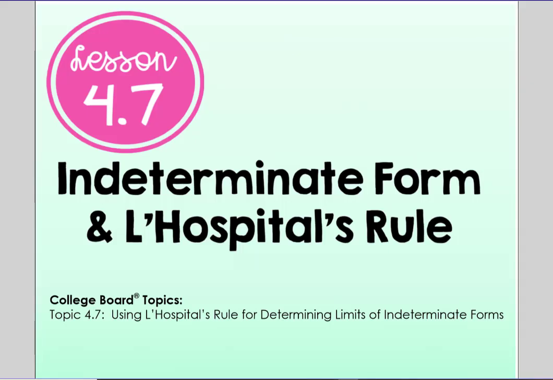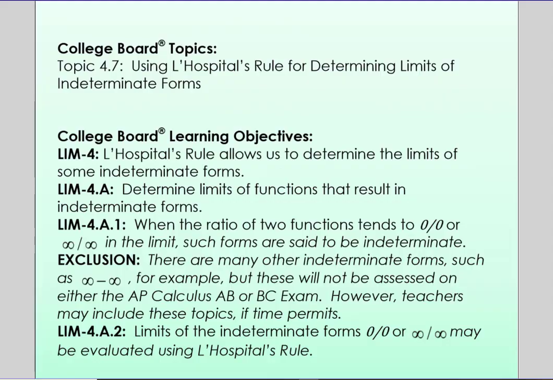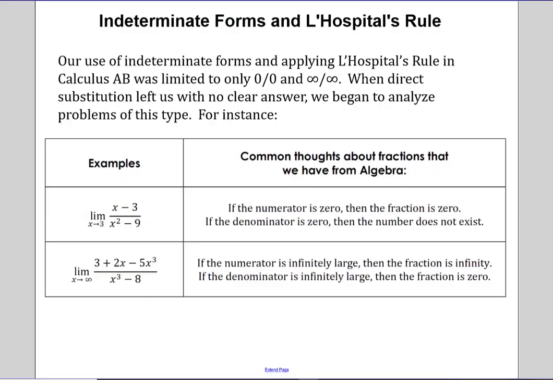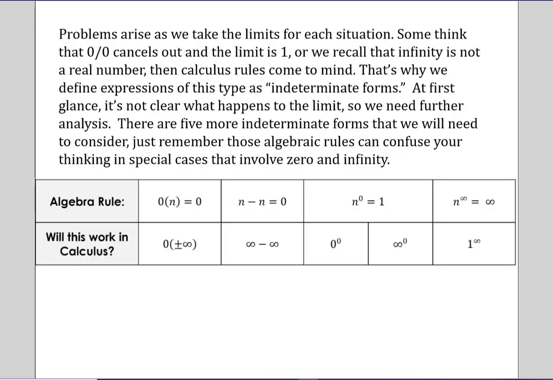Hey, today's the last lesson in our BC topic on indeterminate form and using L'Hopital's rule. You may be familiar with the L'Hopital's rule cases that we've experienced in Calc AB, where we had 0 divided by 0 or infinity divided by infinity. We knew if we got those conditions that we could use L'Hopital's rule directly.